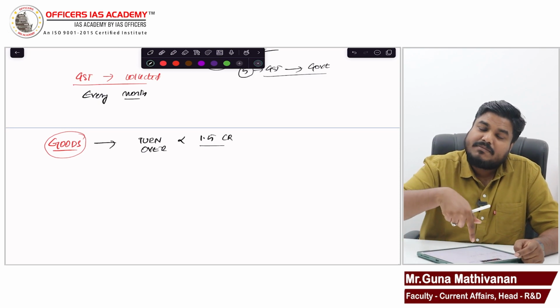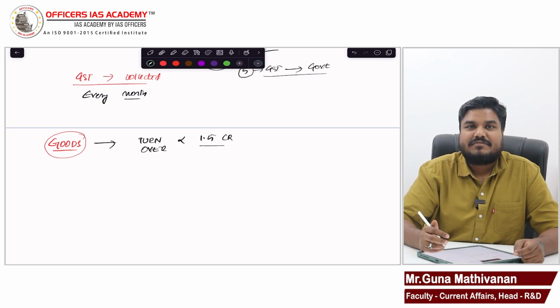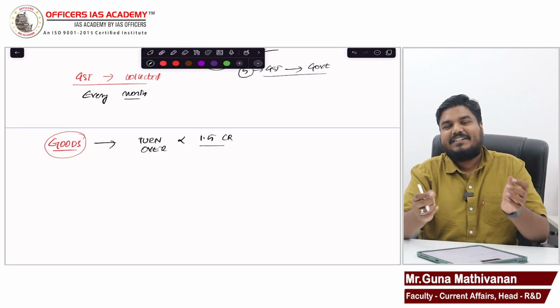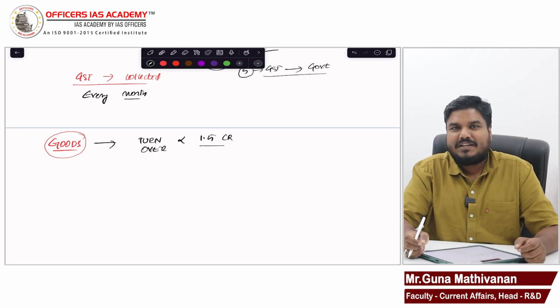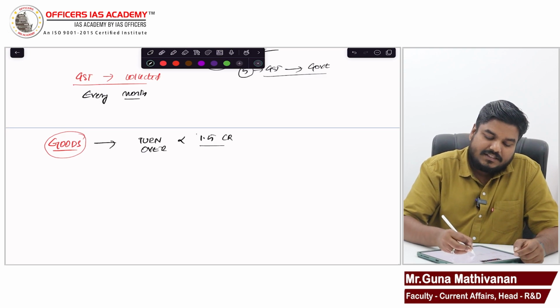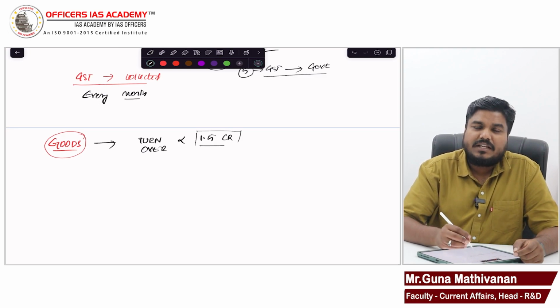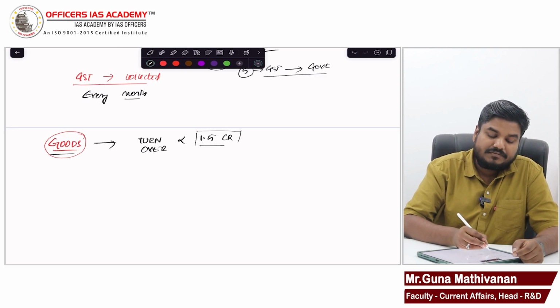Then you will become eligible for this composition scheme. So, in government terms, a small business player is one who is earning less than 1.5 crore turnover if he is dealing with goods.